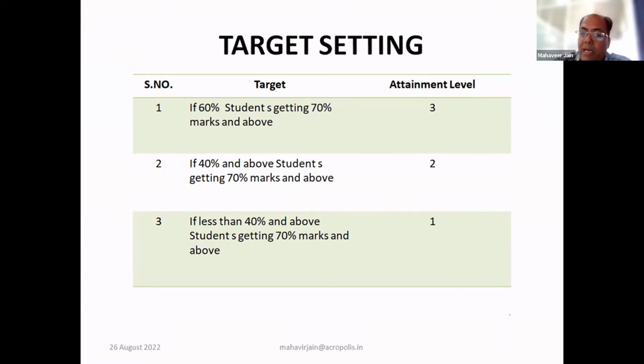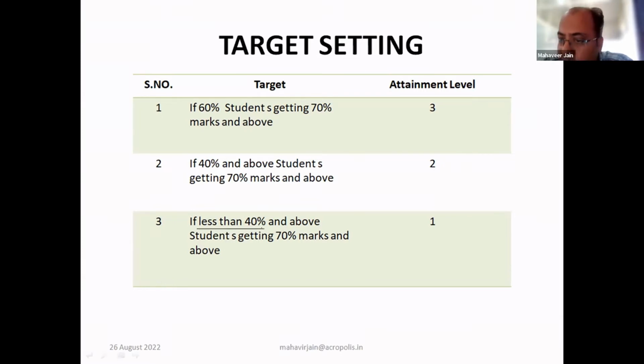If 40% and above students get 70% marks and above, then attainment level is 2. If less than 40%, then attainment level is 1.